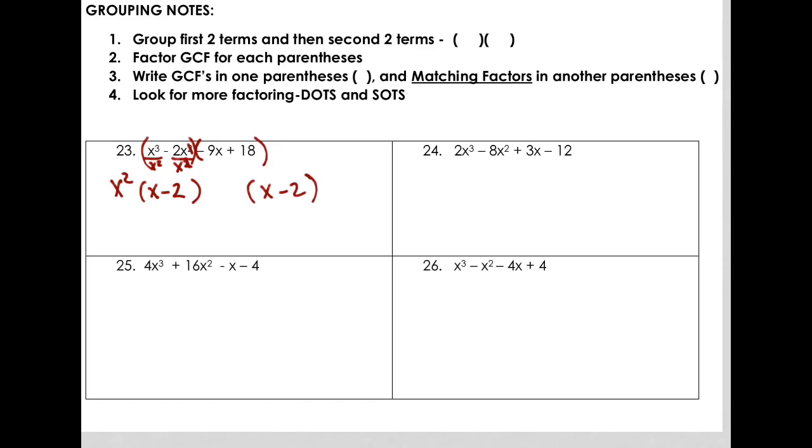Okay. And now we're going to see if that multiplies back out to check it. So negative 9 times x, that is negative 9x, and then a negative 9 times a negative 2 is a positive 18, because a negative times a negative is a positive.